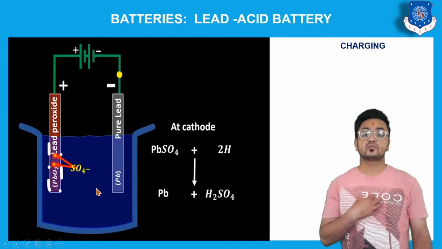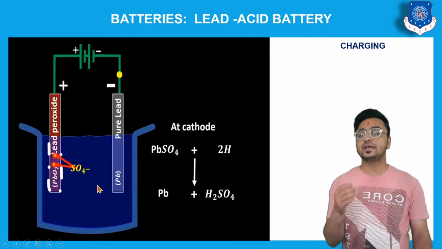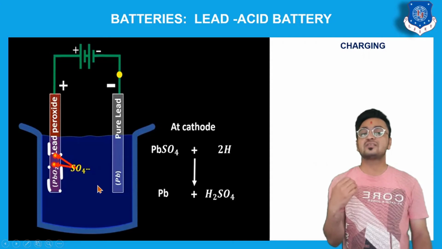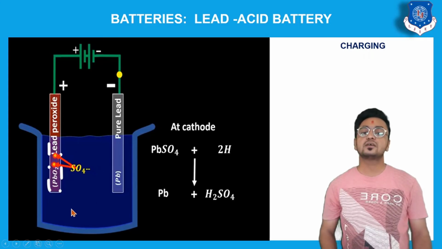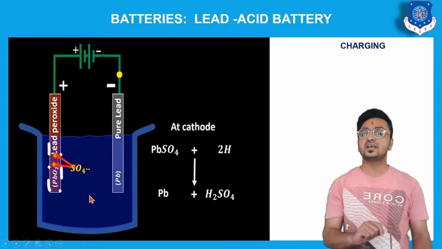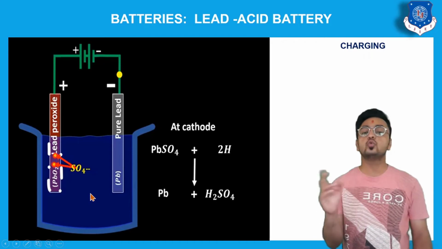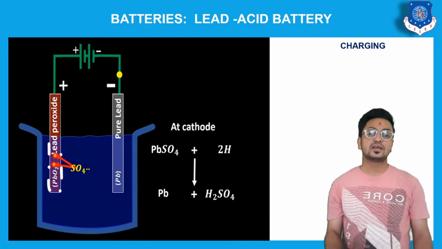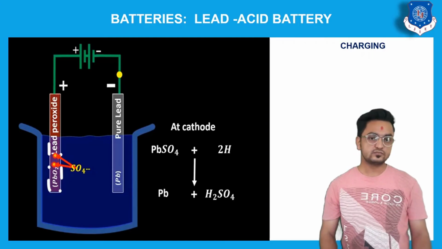After the discharging of the battery, the level of H2SO4 will decrease, but it will not be almost zero. There will still be some amount of H2SO4 present in the container. So when current passes through it, it will again break the molecules of H2SO4 and create two hydrogen ions with positive charge and a negative SO4.